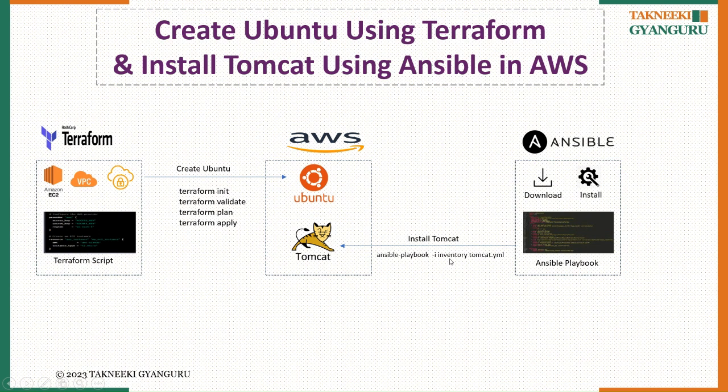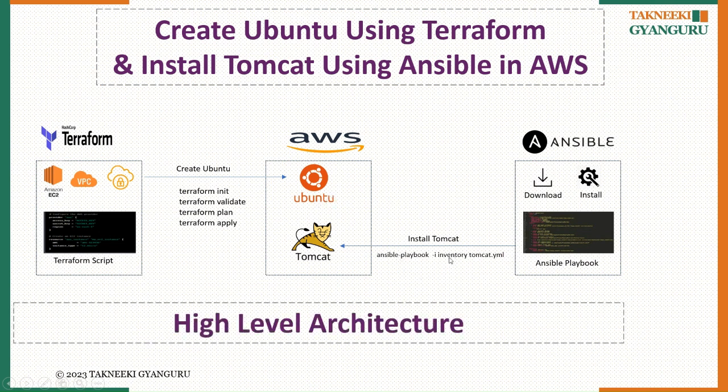Inventory is basically where we define our host IP addresses, so this host IP address is the Ubuntu IP address. We create the infrastructure in AWS, and the machine's IP address will be mentioned in the inventory.